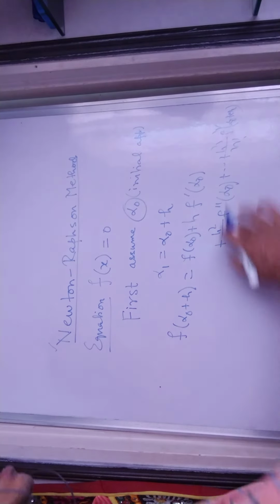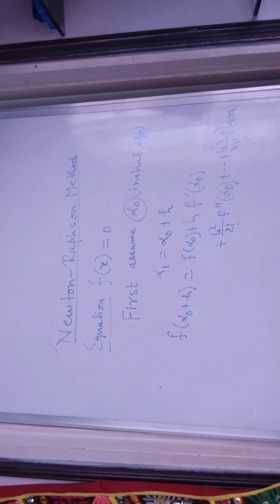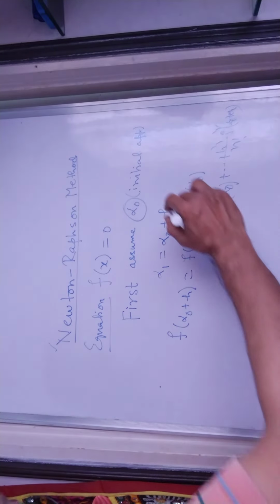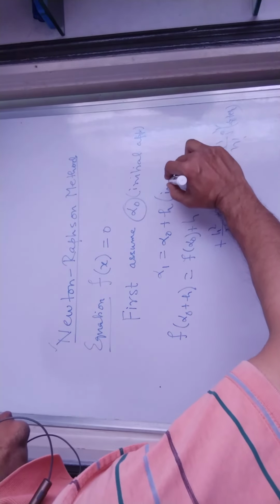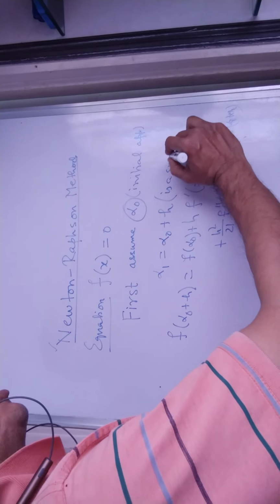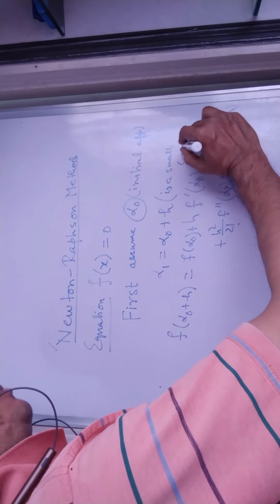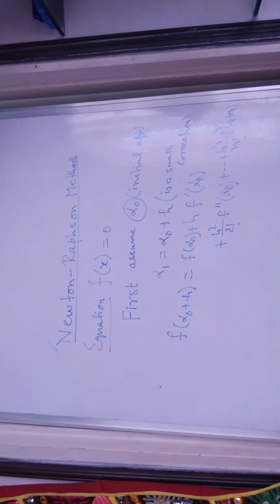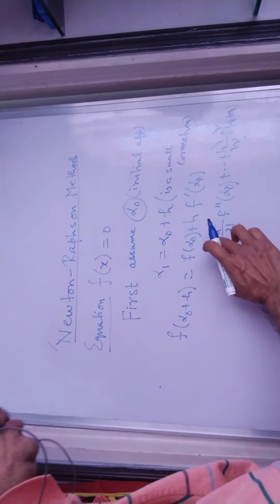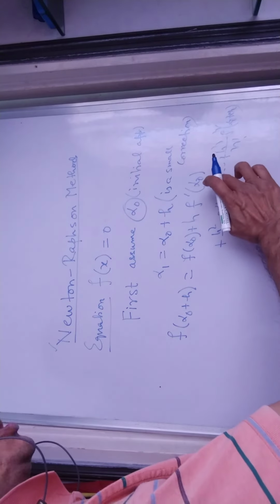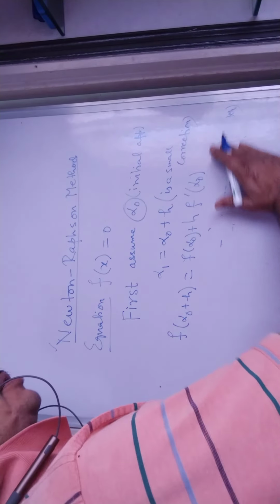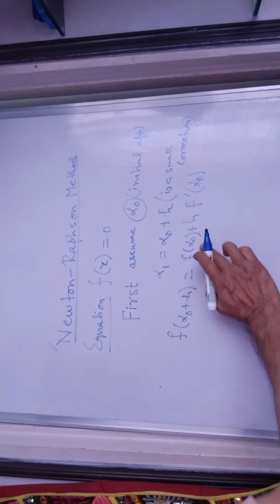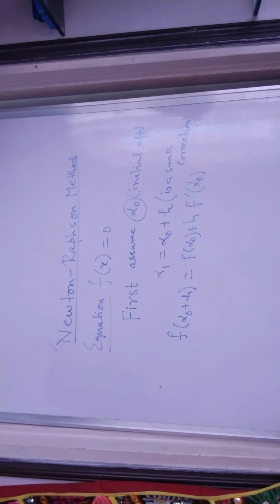But you don't need this full expansion of the Taylor series, since h is a small correction. h is a very small correction in comparison with the value of alpha 0. So we just ignore the values of h square, h cube and all the higher powers of h. Only this value is comparable with f alpha 0.